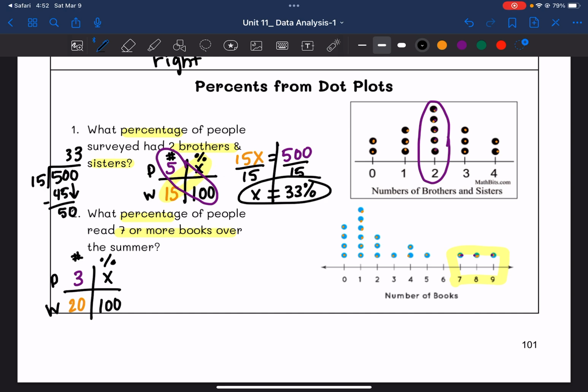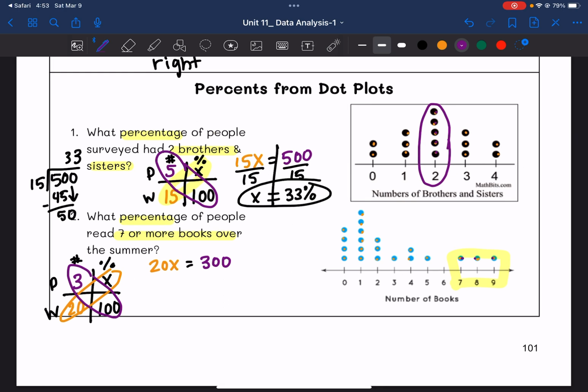Just like the one that we previously did, we would do 20 times x, which would give us 20x, equals 3 times 100, which is going to be 300. And then we solve for x by dividing by 20.